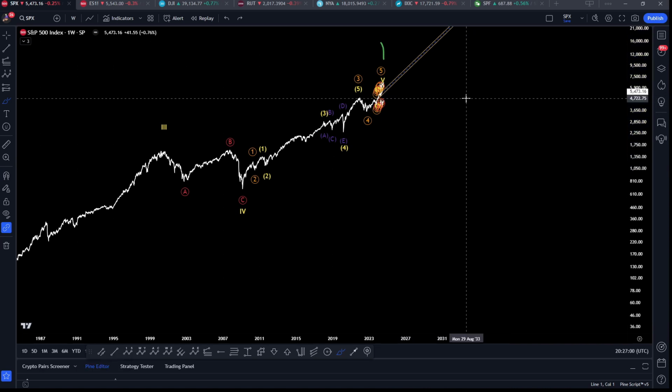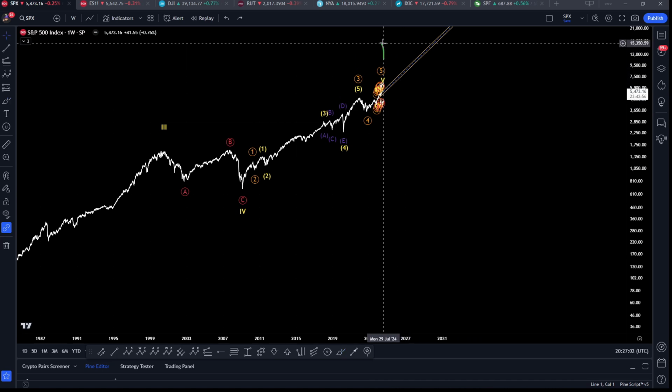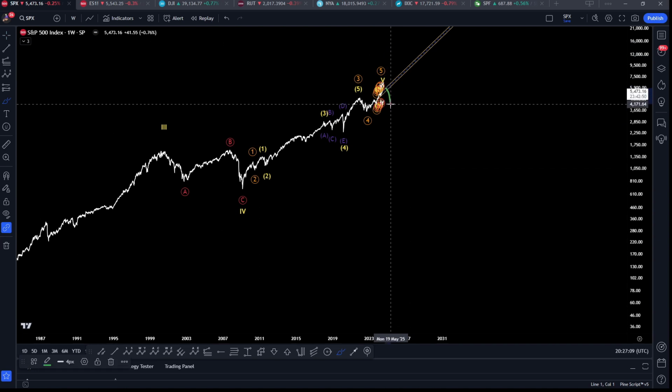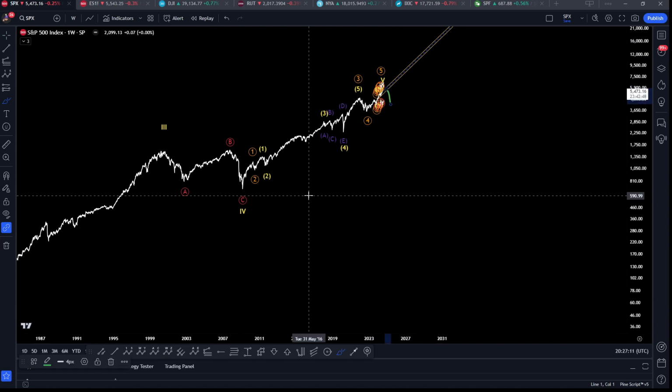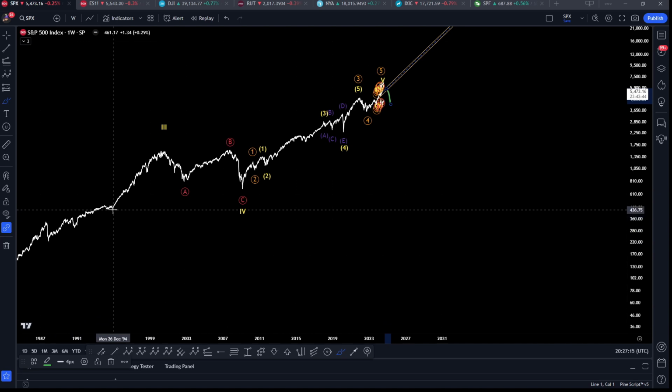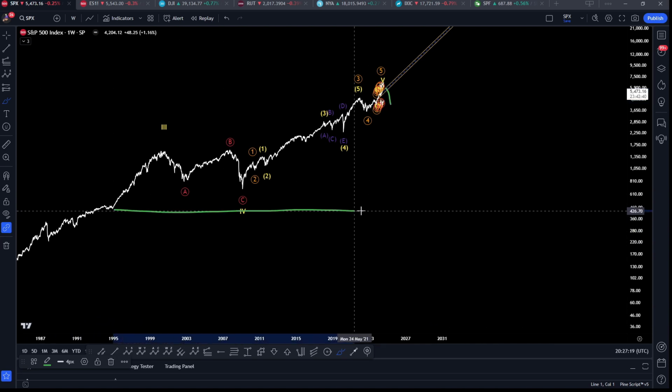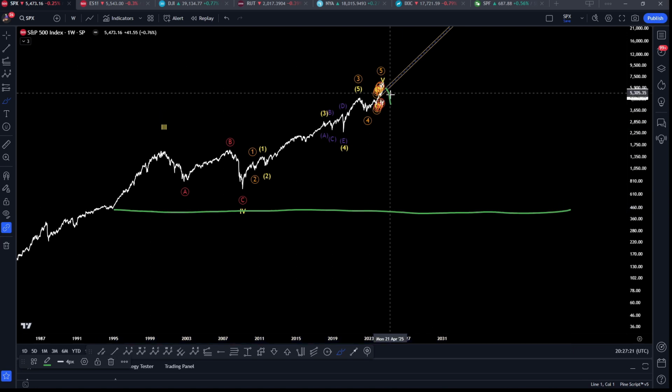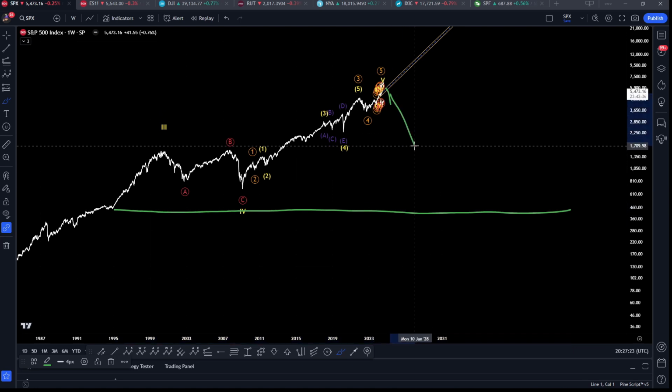Worst case bearish scenario is that this is not going to extend, right? In which case, this whole thing gets retraced to the fourth wave of prior degree, which is likely around here in 1994. And you will get some type of, who knows what it's going to be.